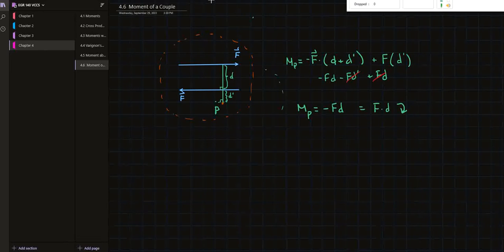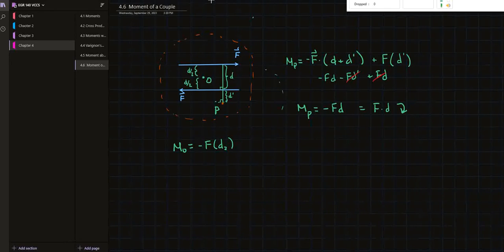Well, what if I took a point between these two? Right here. Well, this is d over 2, d over 2. So in the second case, let's call this O. The moment about O: our first force is going in the negative direction, minus F times d over 2.